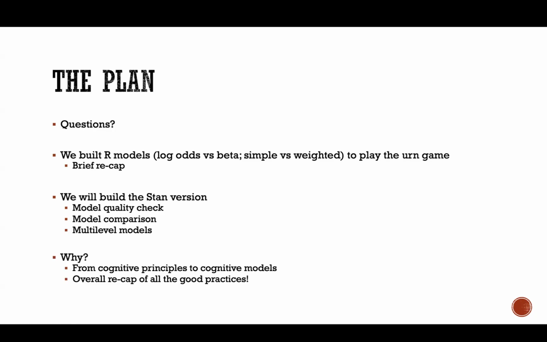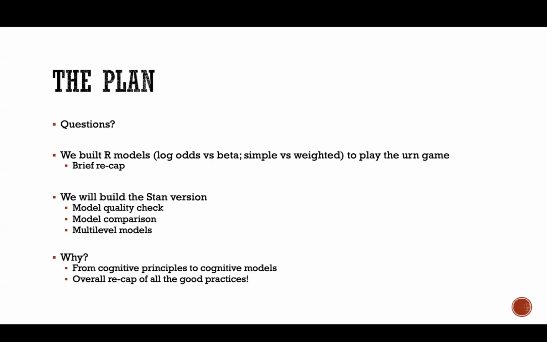The point of this is that we are looking at how we start from a cognitive principle and we implement cognitive models of specific tasks that embody that principle, but also it's an overall recap of the full workflow.